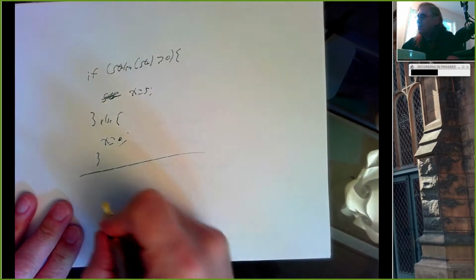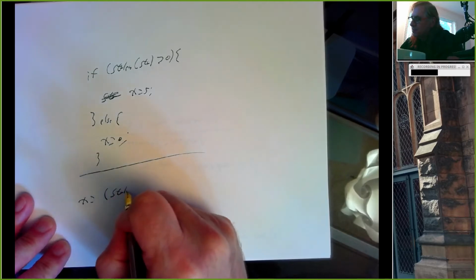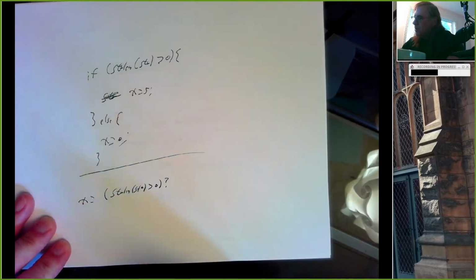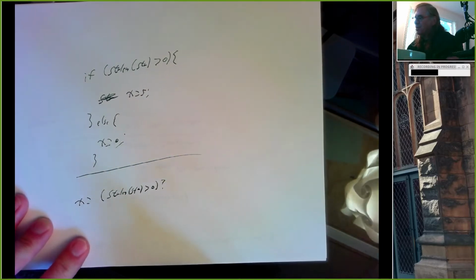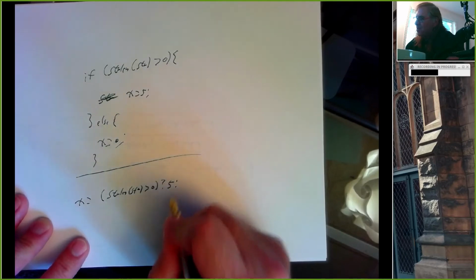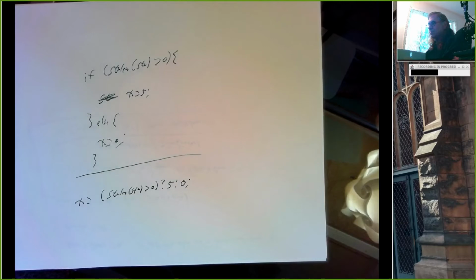So I could rewrite this by saying x equals, and then here's our condition, and then the ternary operator, and so I put down the value I want to assign to x if this condition is true, which would be 5, and the value I want if it's false, which would be 0. And it's just a more succinct, more compact way of writing an if-then-else statement.